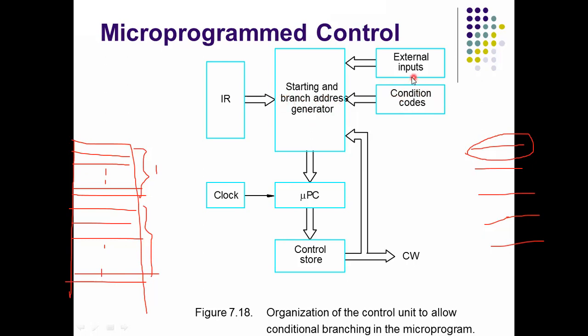Now the conditional codes and any external inputs that occur will also be given to this starting and branch address generator. Then we know the sequence of micro instructions, how they will be executed.